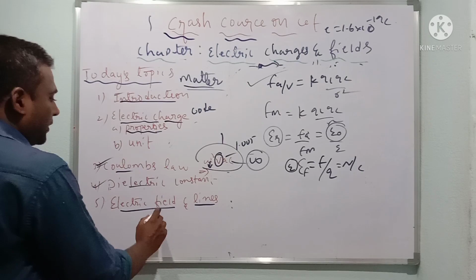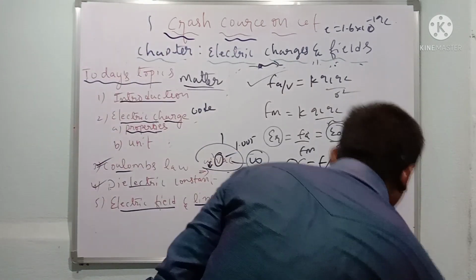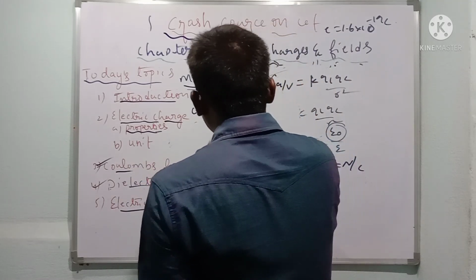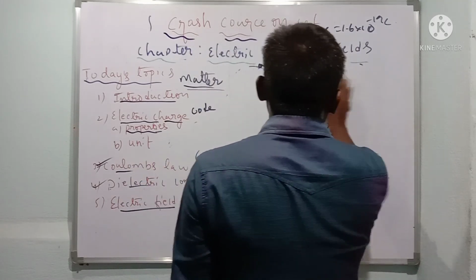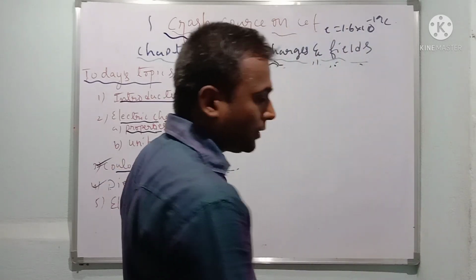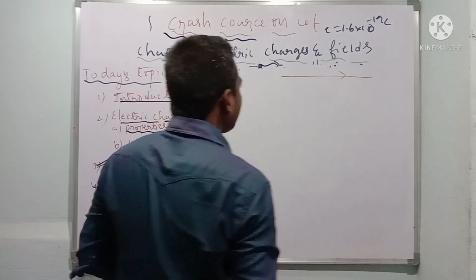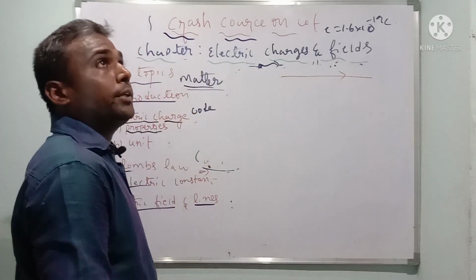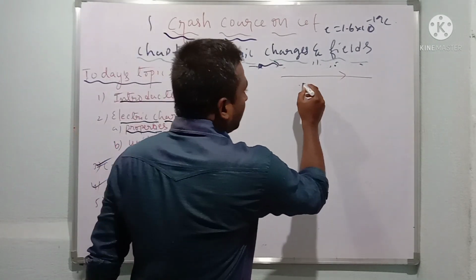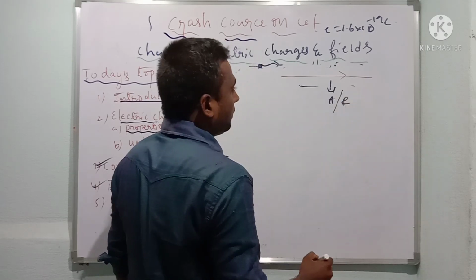Come to the last point, electric field lines. Children, what are electric field lines? Very simple. What is electric field? The region surrounded by the electric charge that experiences a force is called electric field. Suppose the charges are moving, then what is going to happen? If charges are moving, then surrounding them there is a force of attraction or repulsion.